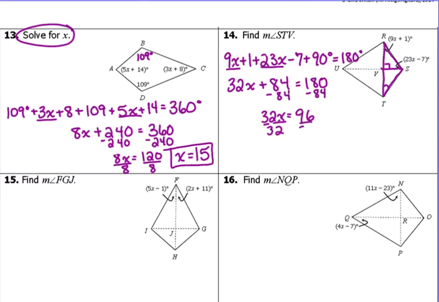Divide by 32. X is equal to 3. Not looking for x here, we're looking for STV. STV is congruent to the 9x plus 1, so let's plug in 3. We get 28, and those two angles are equal to one another.